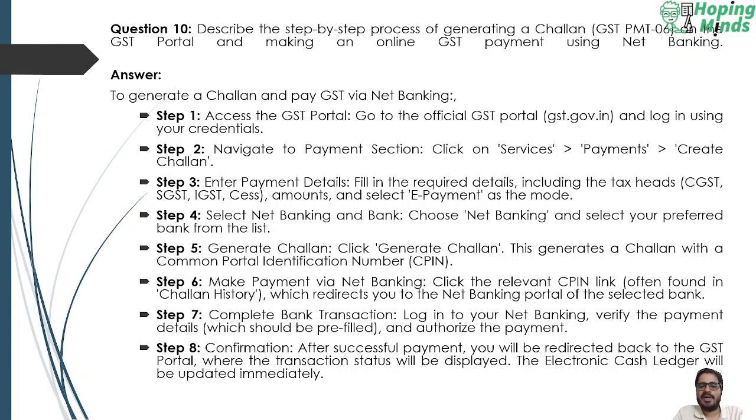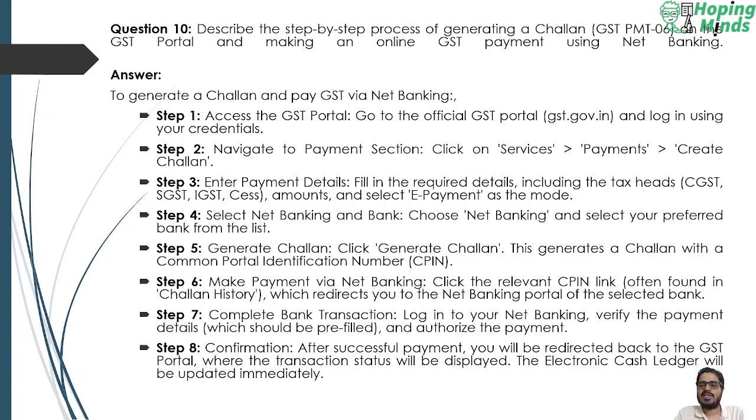Then we have to complete the bank transaction. We have to log into our net banking account, verify the payment details and authorize the payment. Once the payment is done, a successful payment message will be displayed on the screen and we will be redirected to the GST portal where the transaction status will be displayed.